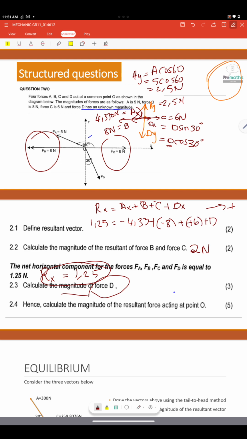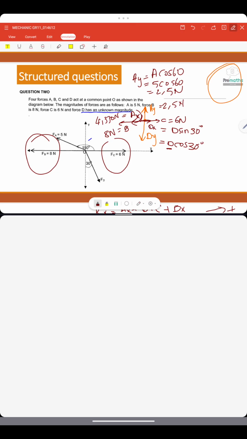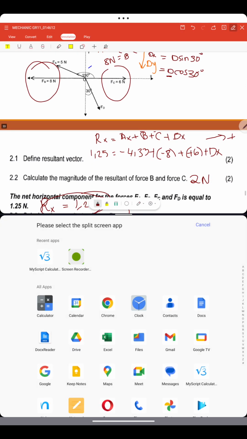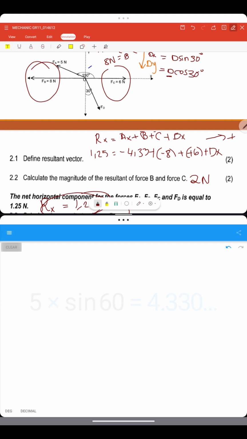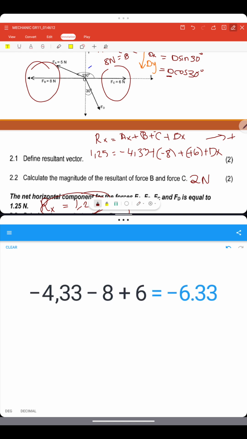And I do not know what DX is. So I'm going to punch this in a calculator. I have negative 4,33 minus 8 plus 6. Okay, so this tells me I have 1,25 equals negative 6,33 plus dx.